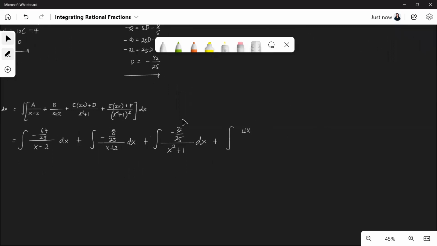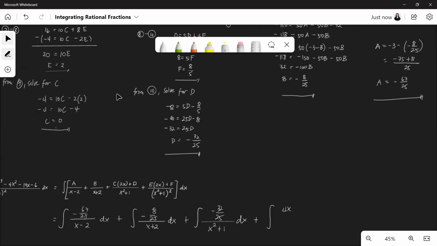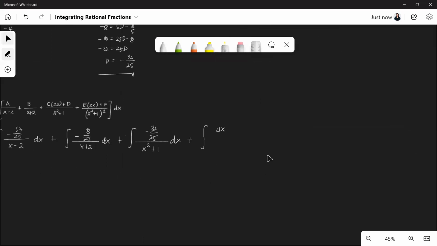Now, similar to case number 3, we can separate the next term. Let's just write 8 over 5, so plus 8 over 5, and then all over x squared plus 1.